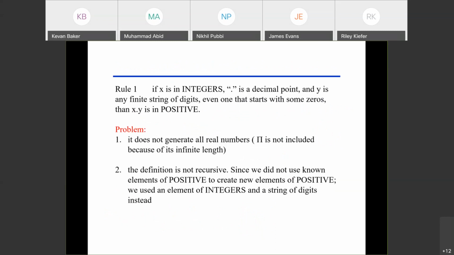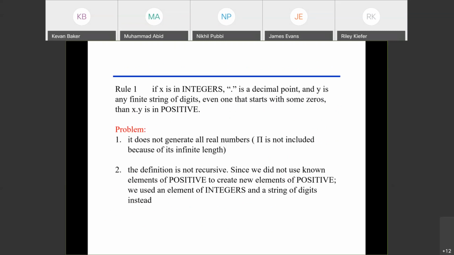We are saying rule one, if x is in integers, dot is a decimal point, and y is any finite string of digits, even one that starts with some zeros, then x dot y is in positive. We don't care whether this rule is right or wrong. It does not match the template of recursive definition.